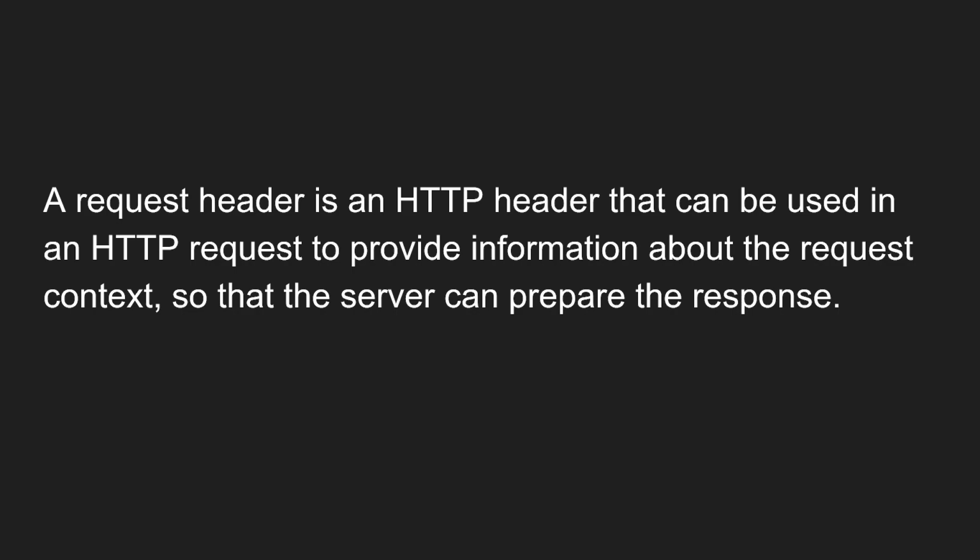That means when a browser makes a request to the server, it prepares a request header that provides information about the request context. Context means what the request is, how the request should be handled, and what the contents are. Using that information, the server will prepare the response according to that request.